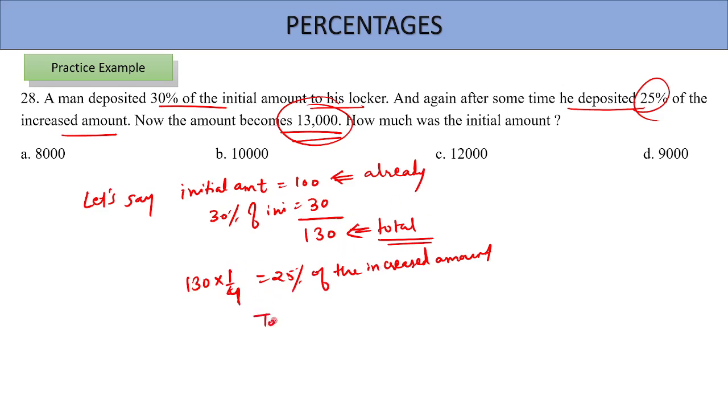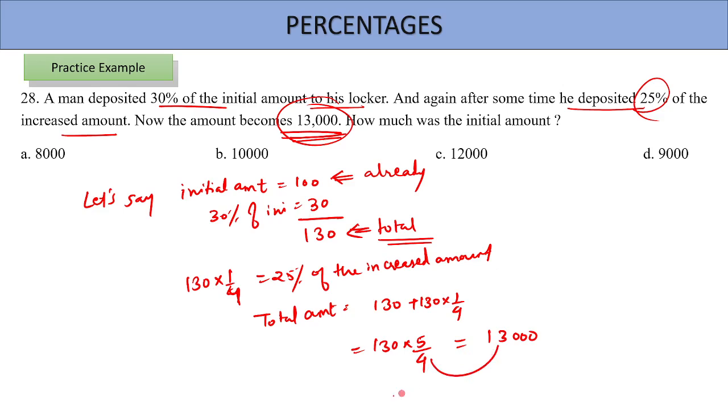So the total amount now is 130 plus 130 into 1 by 4, which is 130 into 5 by 4. And this value should be equal to 13,000, as they have written over here, that the new amount now becomes 13,000.